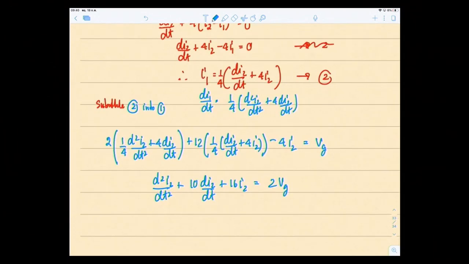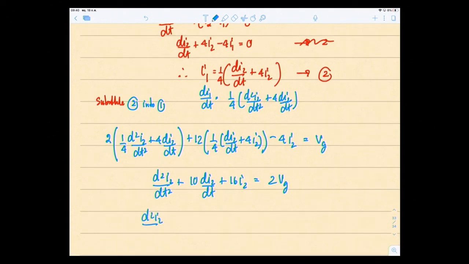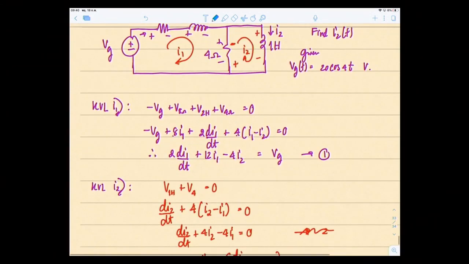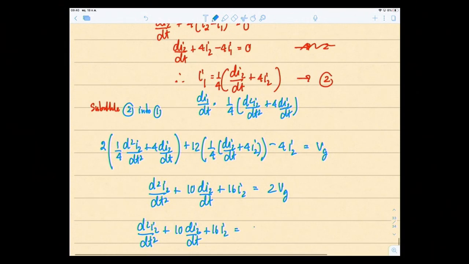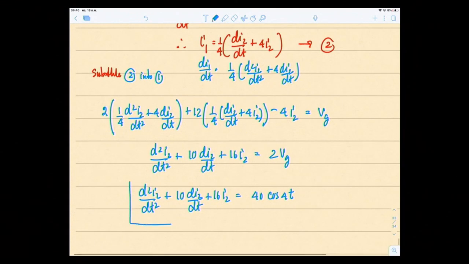If I write it, d²I2/dt² + 10 dI2/dt + 16 I2 equals 2 times my vg, which was 20 cos 4t, so it's actually 40 cos 4t. So equal to 40 cos 4t. So this is your second order differential equation.